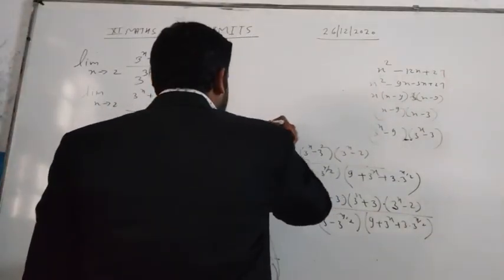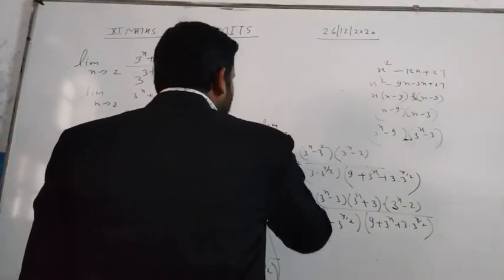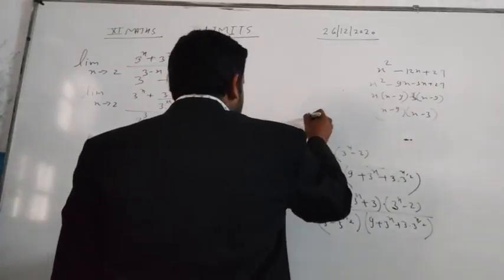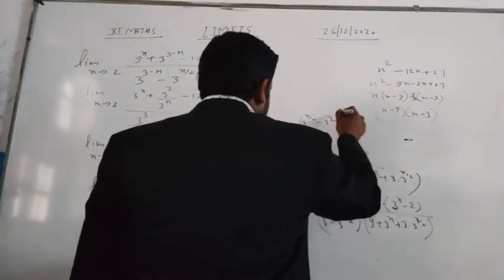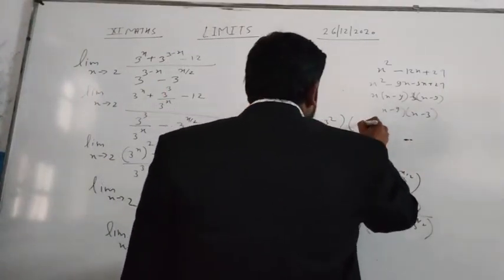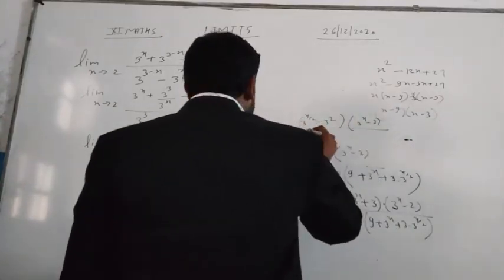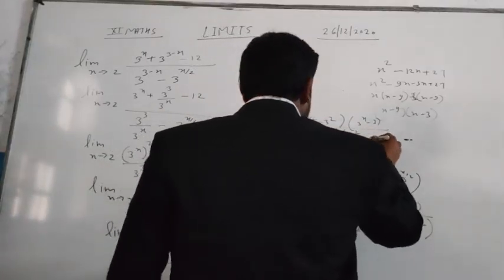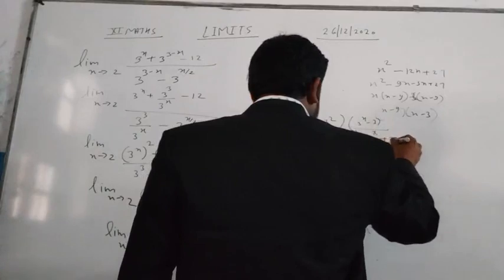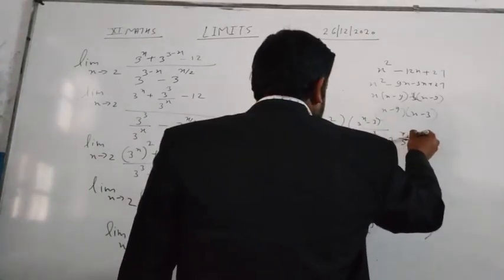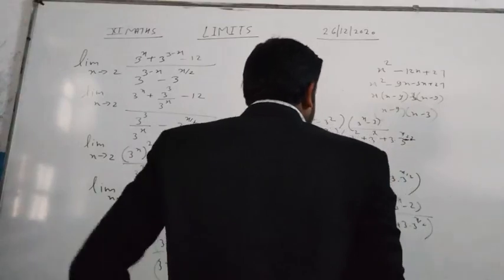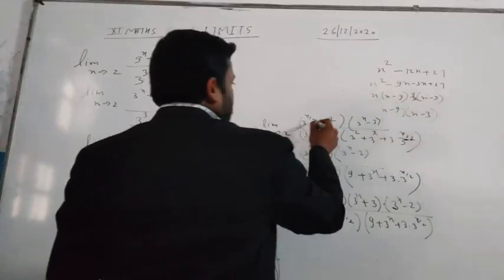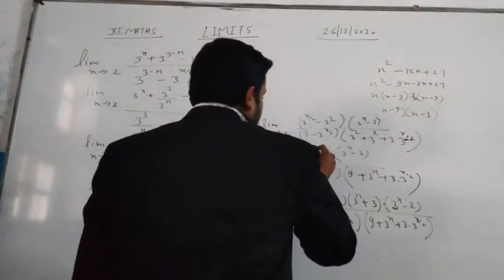You will write limit x tends to 2, 3 to the power x by 2 minus 3 square, and this term is 3 to the power x minus 3, by 3 minus 3 to the power x by 2, and this is 3 square plus 3 to the power x plus 3 into 3 to the power x by 2. Okay, now we are getting that this is a square minus b square. We write a in the first bracket.